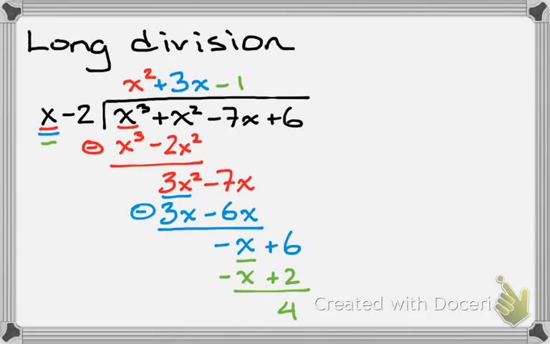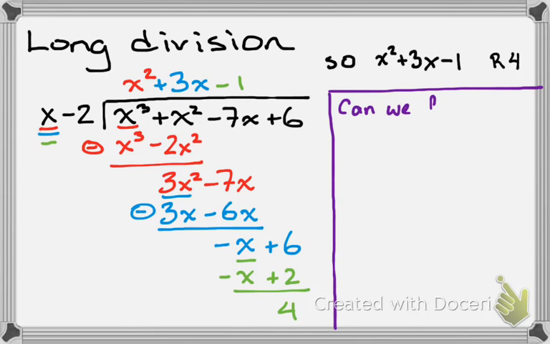But now that we have that, I just want to look at the remainder. So we have the answer is x squared plus 3x minus 1 with a remainder 4. And my question is, can we find that remainder faster?